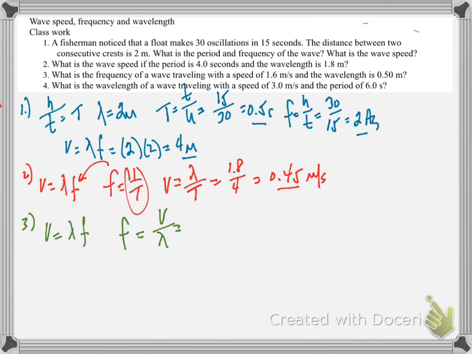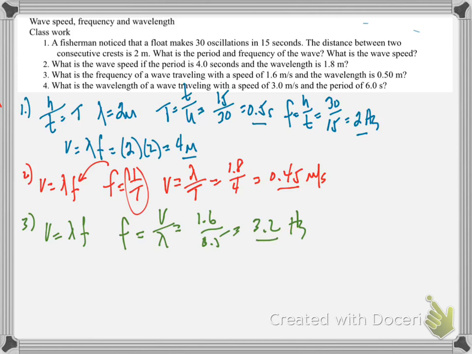The velocity, they told us, was 1.6, and the wavelength is 0.5. When you divide that out, we get 3.2, not meters per second, it's frequency. So frequency is 3.2 hertz.